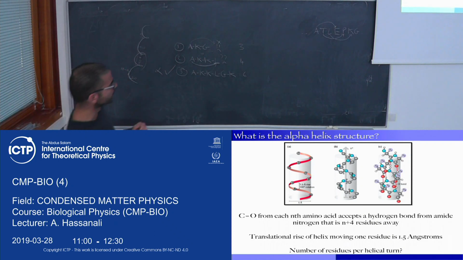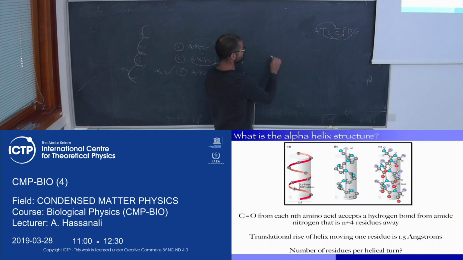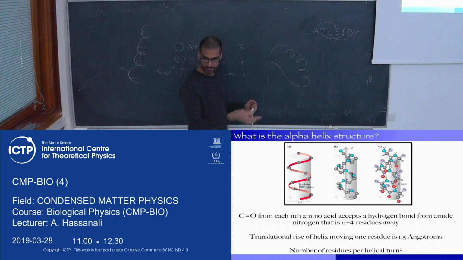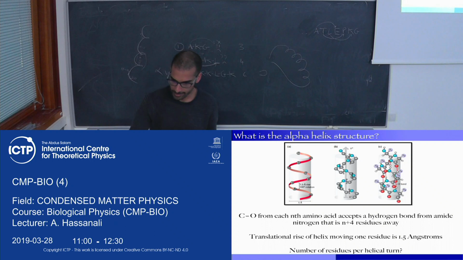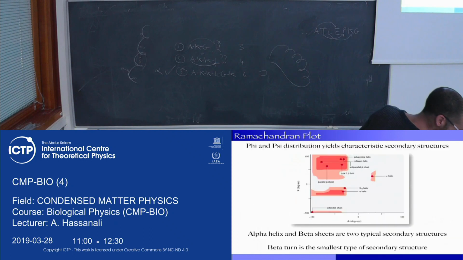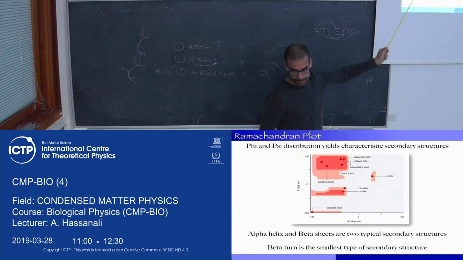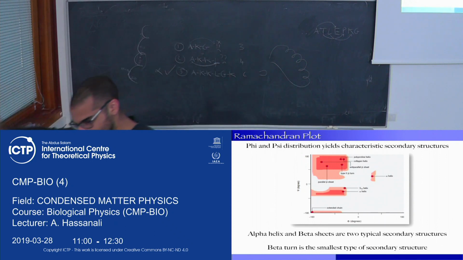So you could have something like this, or something like this, but it would not be coiled in an alpha helical way, as given when you compare with a reference distribution. Okay, so I have a reference. The structure is the constraint.